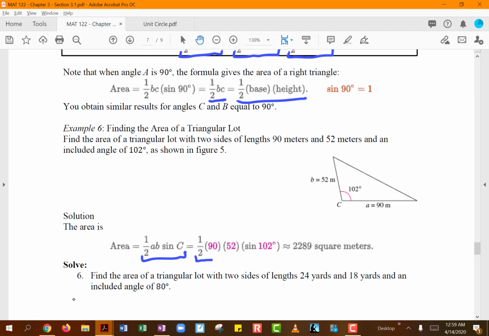So that's 1/2 times 90 times 52 times sine of that angle, 102. And it comes out to be approximately 2,289 square meters. Remember, this is area, so you have to write your units as square units.